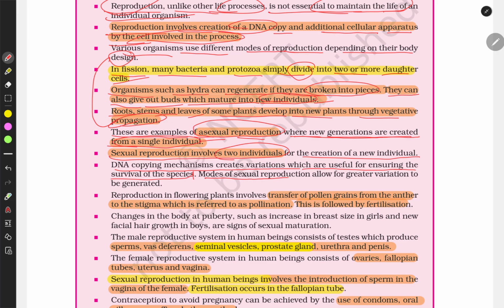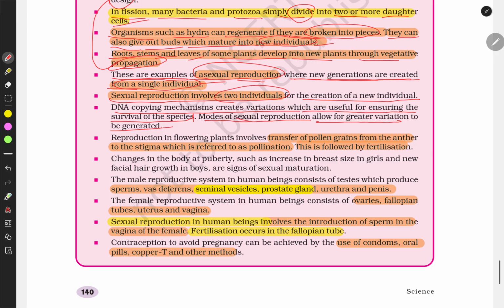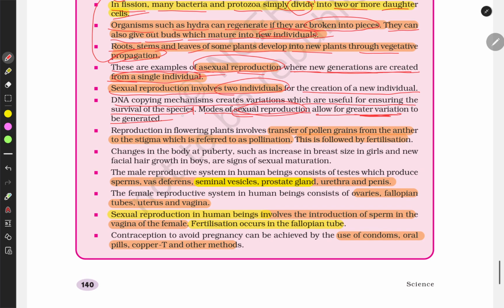The modes of sexual reproduction allow greater variations to be generated. Along with the DNA mutation, it also contains half male and half female genes. So there is a lot of variation and diversity in the organisms as compared to the asexual mode of reproduction.